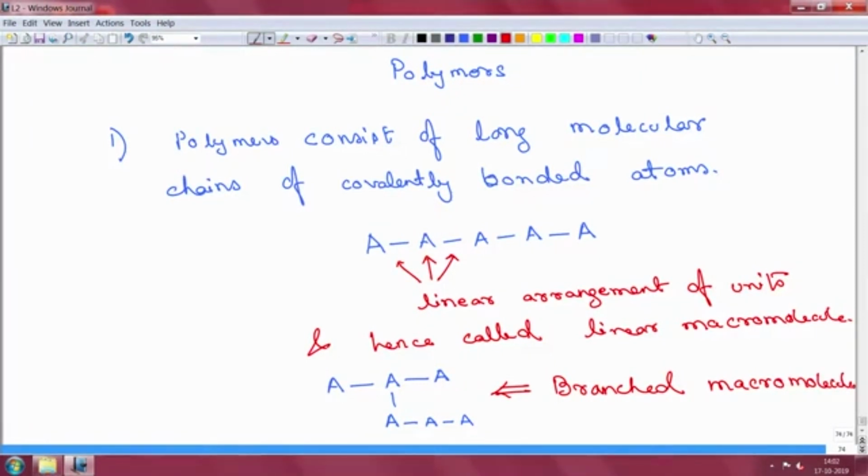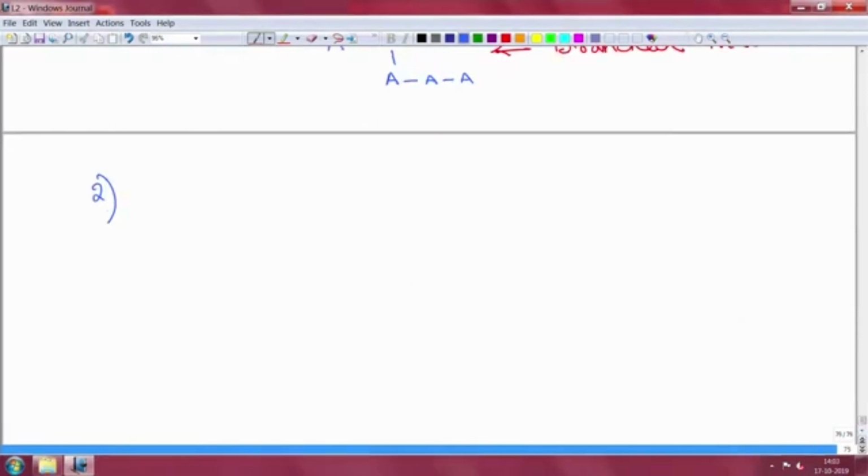Okay. Another important point that we discussed last time was that one of the simplest polymers is polyethylene.